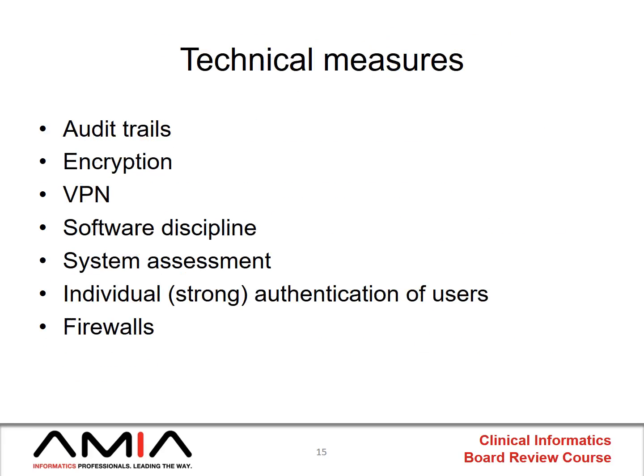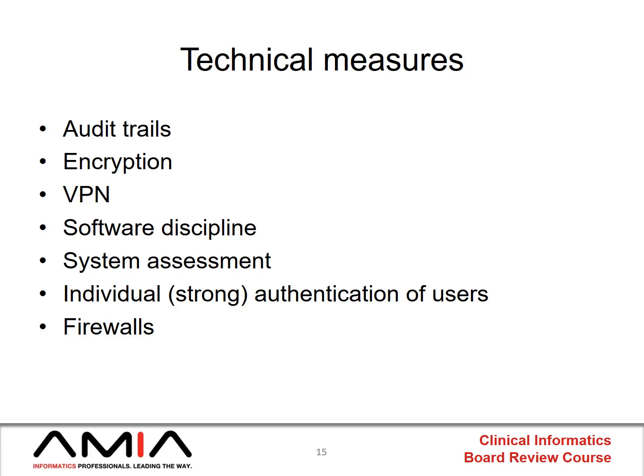So now let's move on to technical measures, and I've listed 7 of them here. We'll talk about these in a little bit more detail. Audit trails, encryption, VPN, we've talked about software discipline. Software discipline means that considerations of security are part of the entire life cycle of software development, not added on at the end.